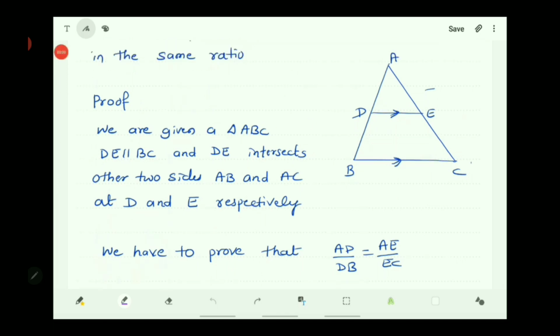Now let us join BE and CD and also draw the perpendiculars, DM perpendicular to AC and EN perpendicular to AB.